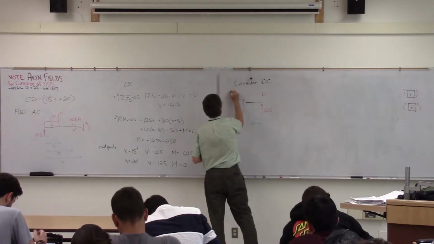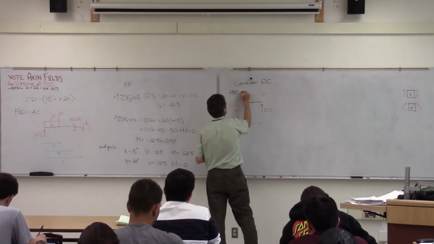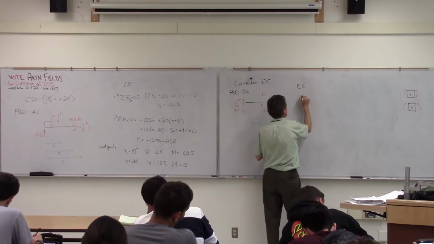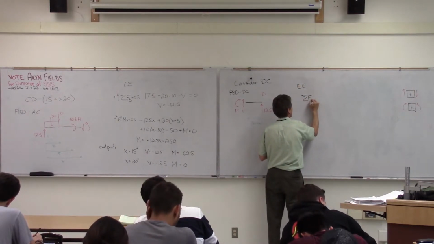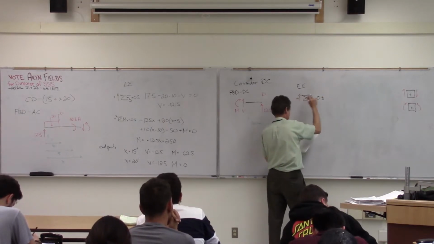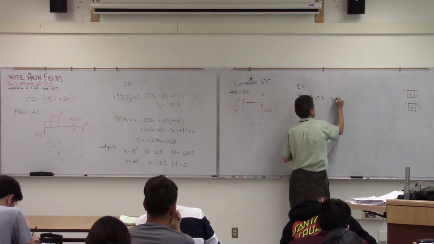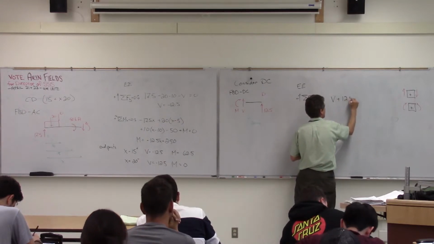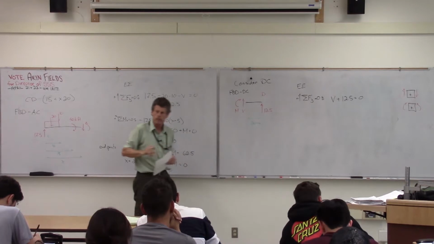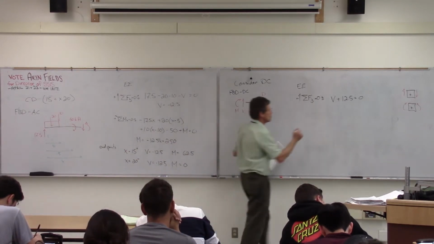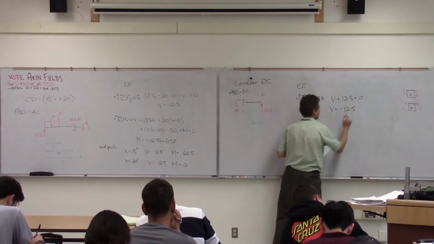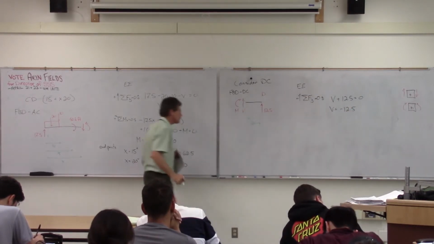So that's my free body diagram of DC. If I plug the two values in, they're both acting up, which then solves for the same value I got over here.